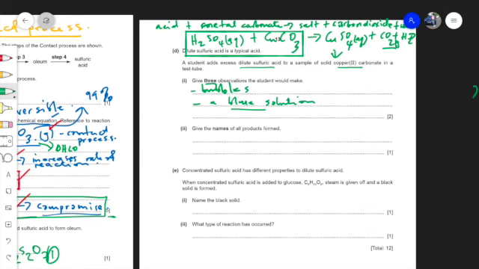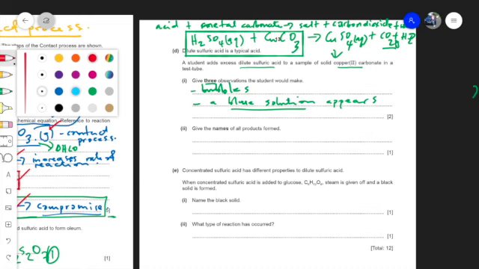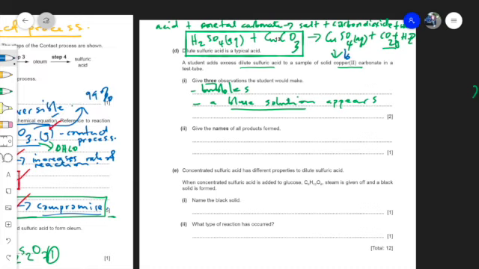Blue solution appears. Why does it appear? It appears because aqueous copper sulfate is blue. That's very important to remember.